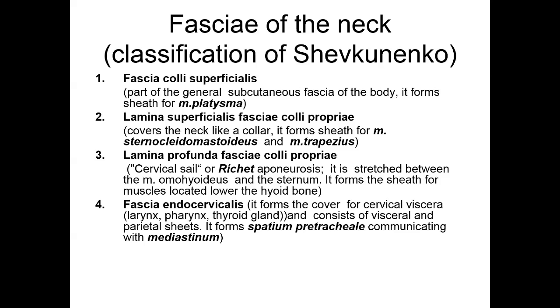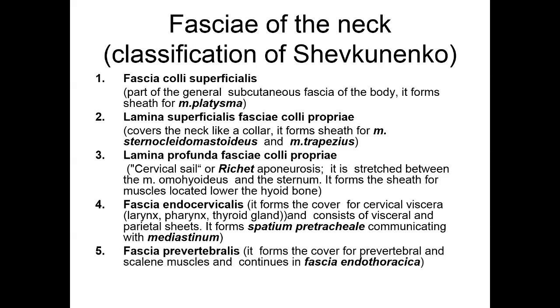In other words, we can reach from the neck the thoracic cavity, especially mediastinum. It's very important, for example, in situations of inflammations in the neck, when the pus could migrate from the neck into the thoracic cavity, into mediastinum.